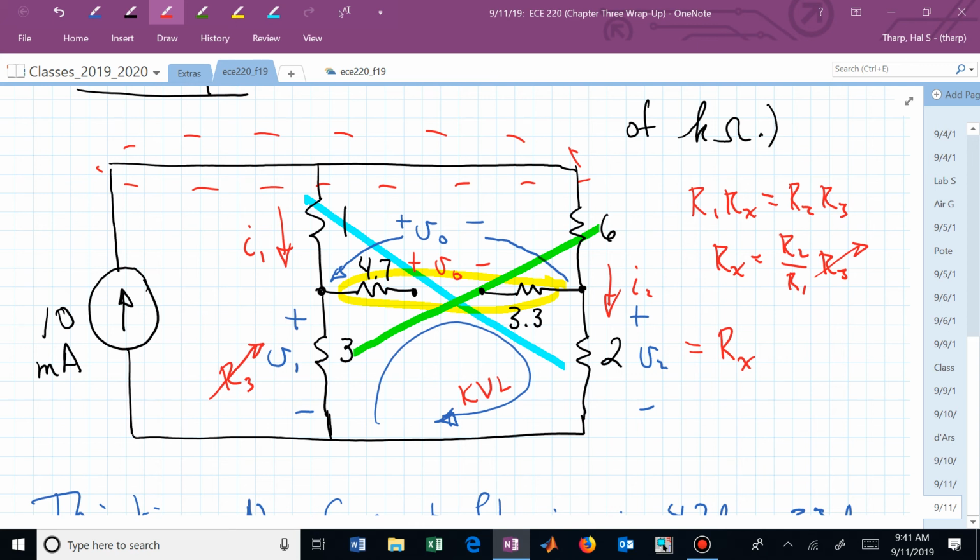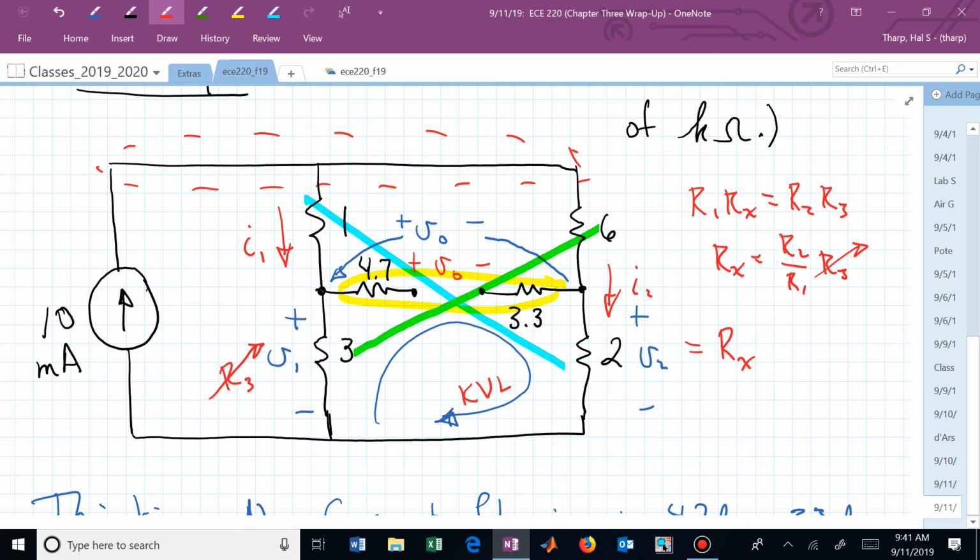Question? So now if there's no current going through 4.7 and 3.3, why is there a voltage drop across that gap, right? So now, if there's no drop across the 4.7, that effectively is like a wire now.